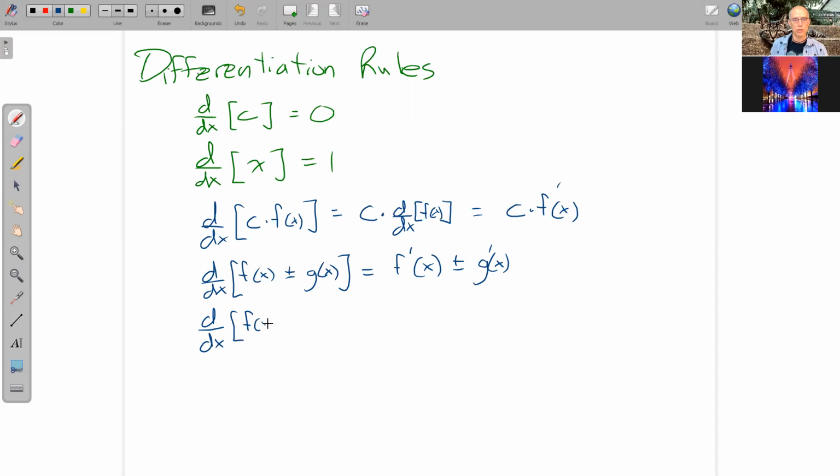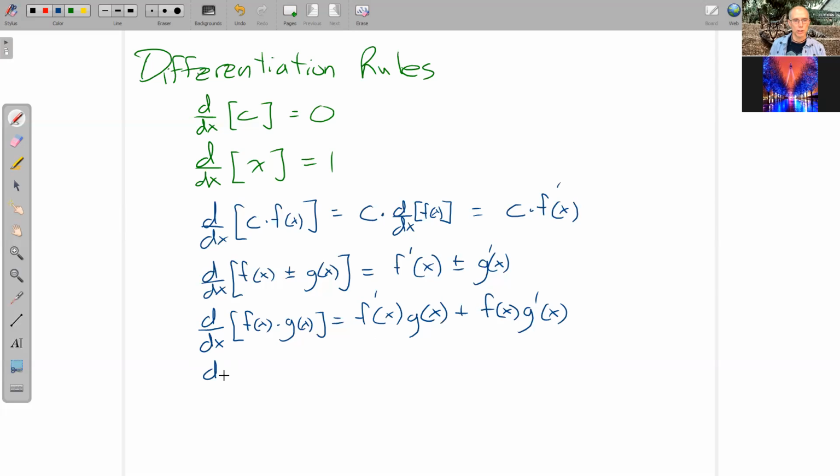We multiply two functions together: derivative of the first, so it's not as simple as the sum, times the second, plus the first times the derivative of the second. So that's a super important one there.